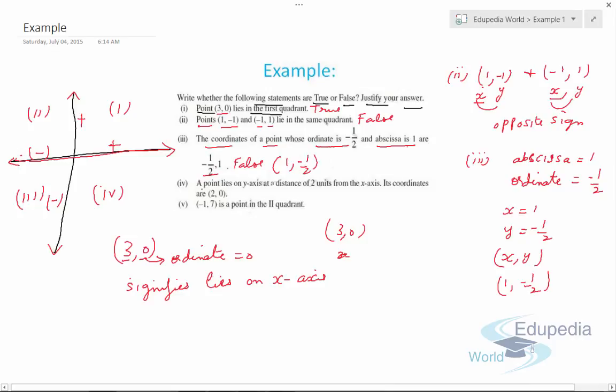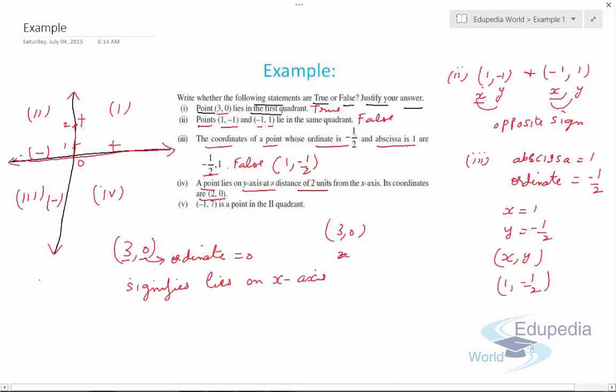Now the fourth question is, a point lies on the y-axis at a distance of 2 units from the x-axis. We can say like this: if this is 0, this will become 1, this will become 2. So this is 2 units from the x-axis on the y-axis. So the point can be this, and its coordinates are (2, 0). Now in the question it is clearly given that the point lies on the y-axis.